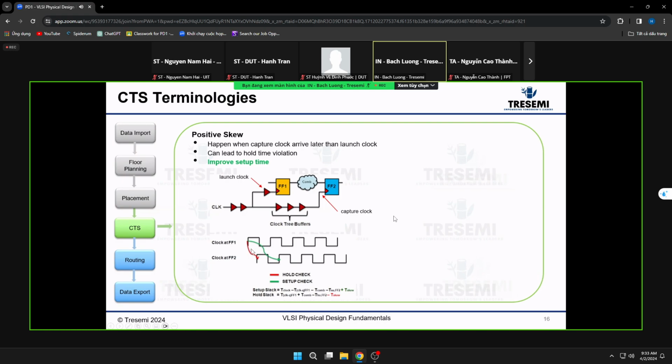That is a positive skew. And remember the formula I mentioned earlier: positive skew improves setup time. Remember the setup slack formula, it has plus the clock skew, capture minus launch. So if you have positive skew, you have more slack. Because the capture clock arrives later, you have more time to do your setup. So positive skew improves setup timing.